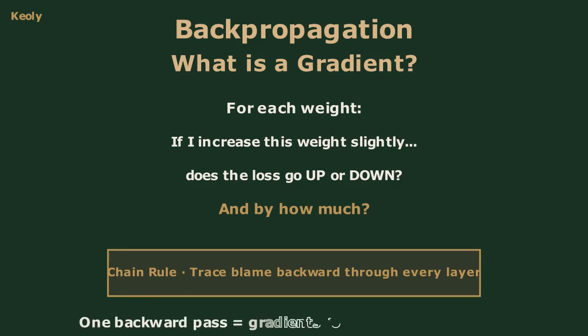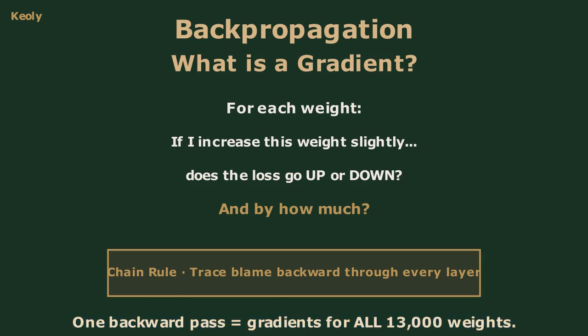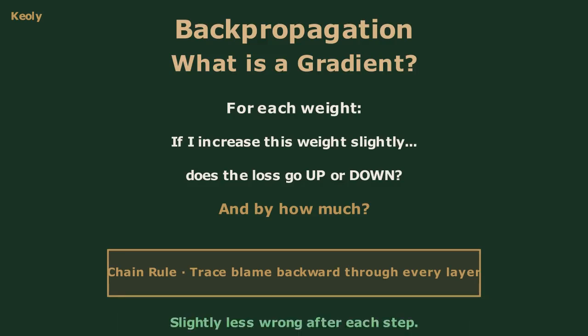In a single backward pass, we calculate the gradient for all 13,000 weights simultaneously. We know exactly which direction to push every single number to make the network slightly less wrong. That single pass, forward, then backwards, takes milliseconds on modern hardware.